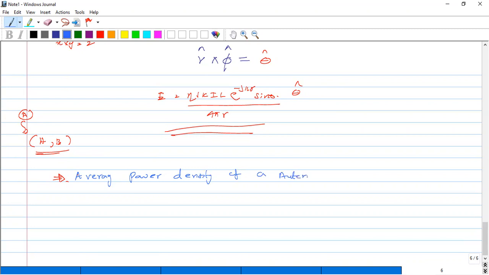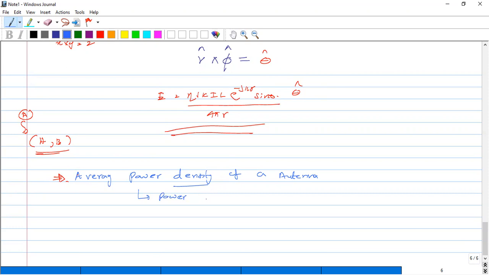Of an antenna. So what does average power density mean? It is the power radiated through a cross section.